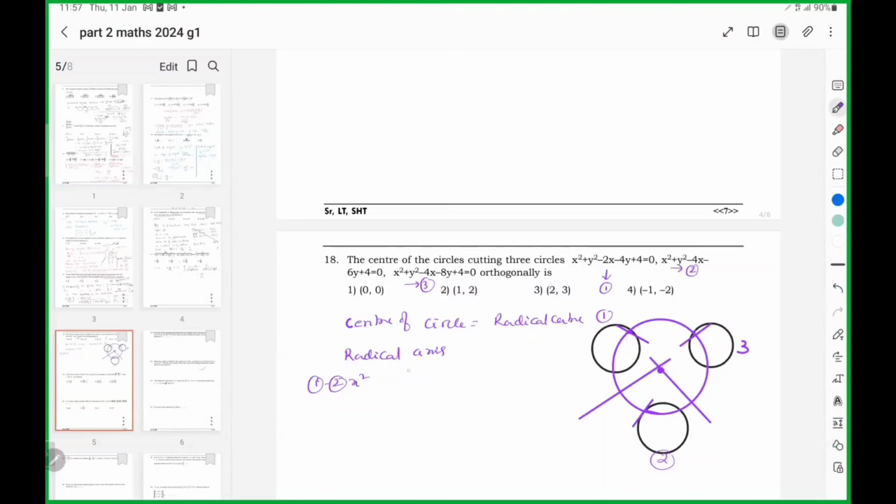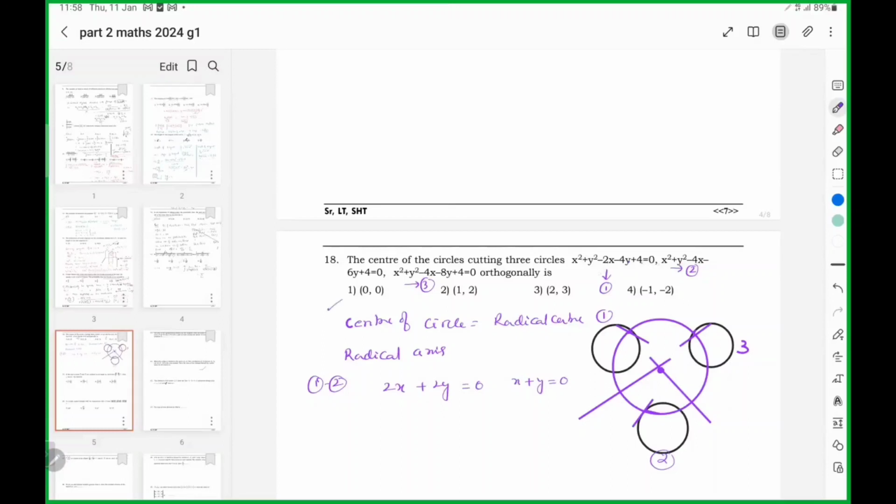So subtracting, x square, y square anyhow get cancelled. Minus 2x minus 4x plus 2x minus 4y plus 6y, 2y plus 4 is 0, where you get x plus y as 0. Plus 2x plus 2y. Here 4 minus 4. Yes, only option which satisfies.